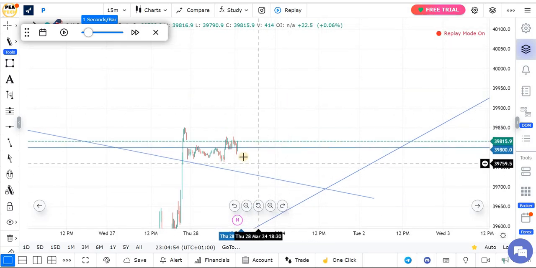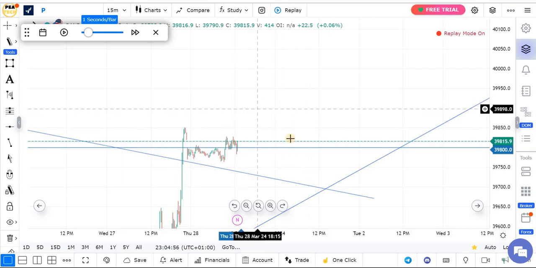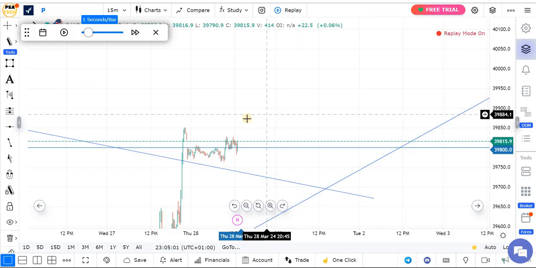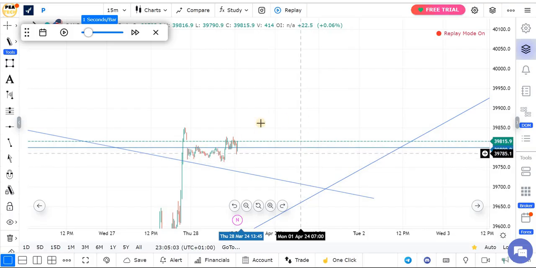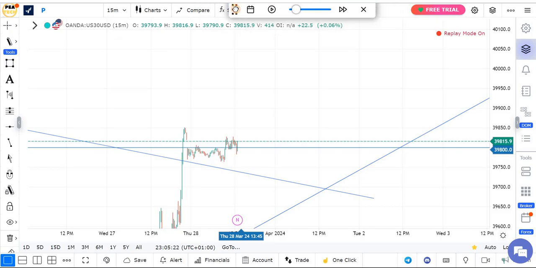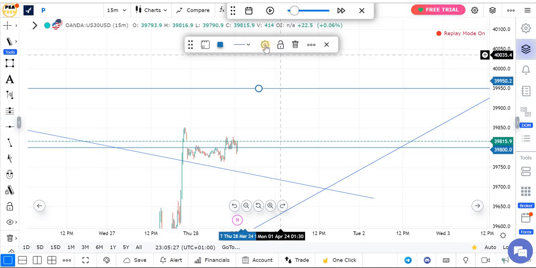The next thing you want to do is add extra to it. Instead of 39800, we want to add 200 to it. You can do this by adding 50 pips if you are using a currency pair and all that. But in this particular one, since we are using US30, we are going to be adding 200. So let's take another one and put it here.